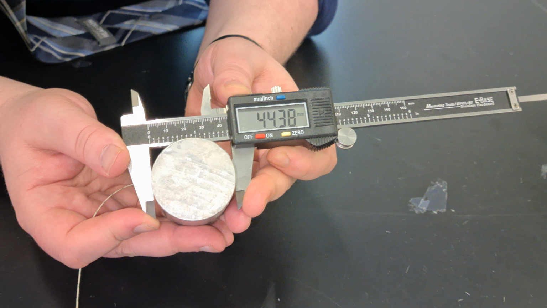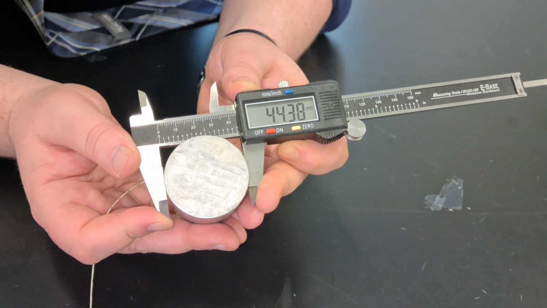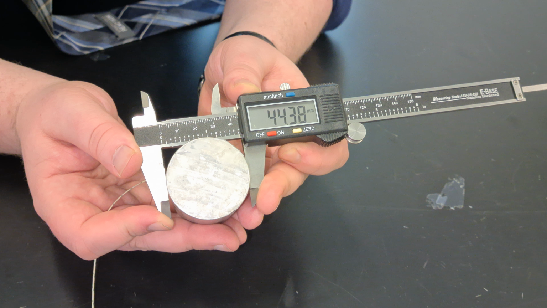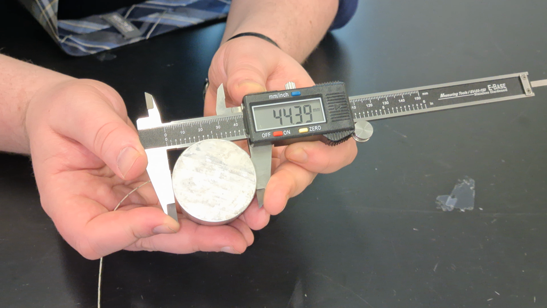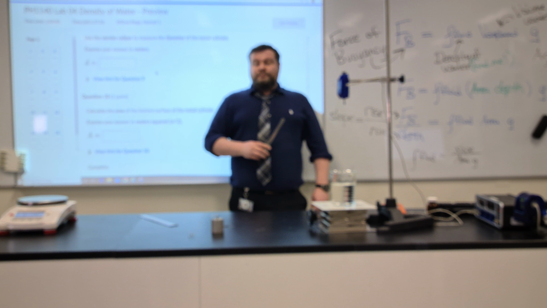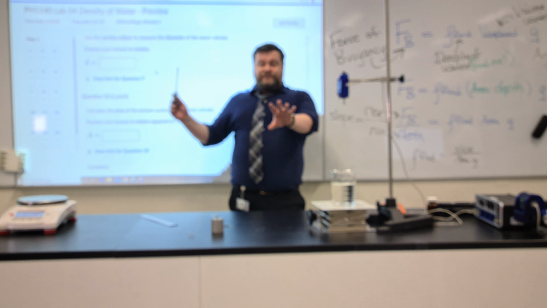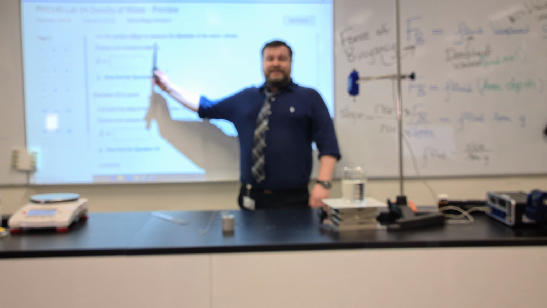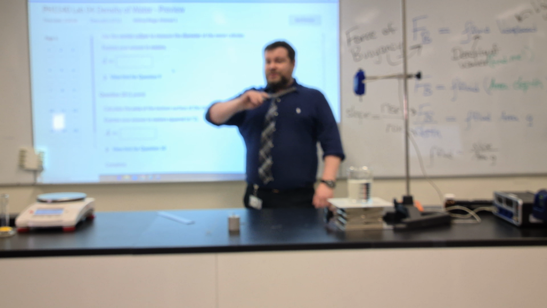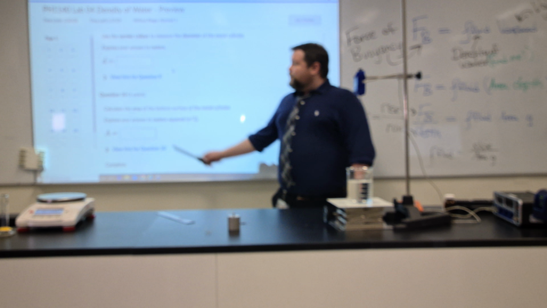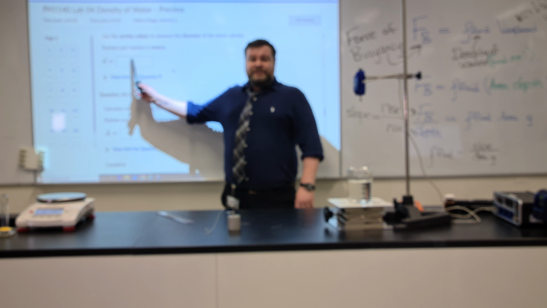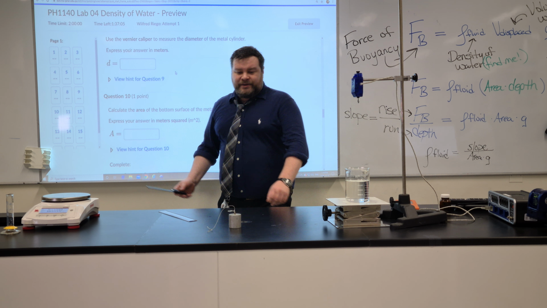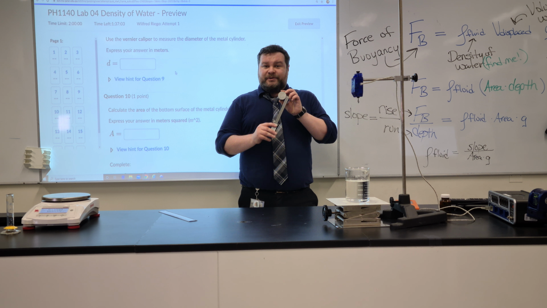So you can see here that we're reading 44.38 millimeters. We're going to be asked to write that into meters. You guys can do that conversion. Once we've got the diameter in meters, we're going to be asked to find the area of that circular bottom.